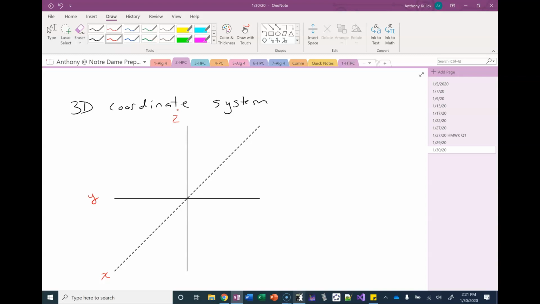So to describe a point in a three-dimensional coordinate system, how many components do I need in my point? I need 3. So instead of my points being described as ordered pairs, like we have in 2 dimensions, my points are going to be described as ordered triples in 3 dimensions. It's going to have an x, y, and a z.